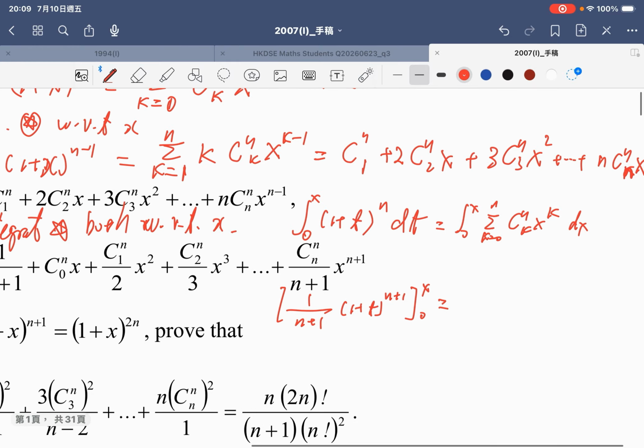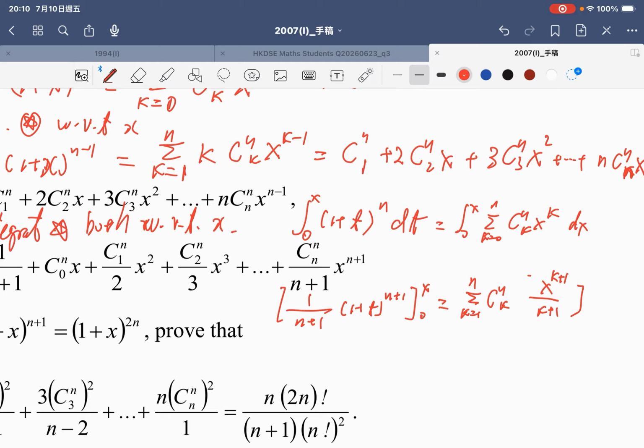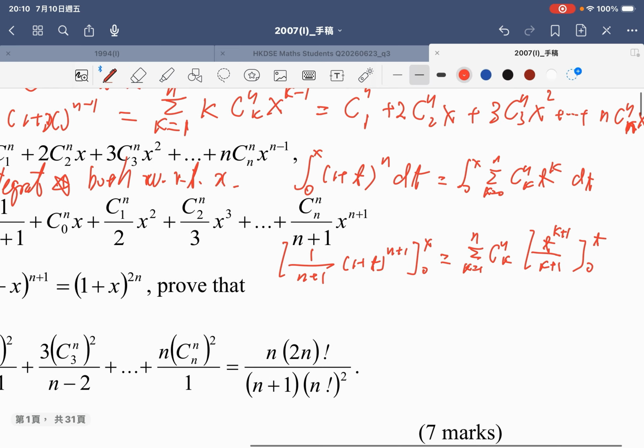Okay, for the right hand side, this summation can be factorized outside the integration. We only need to integrate t to the power k. This is summation k from 0 to n, nCk, integrate that, t^(k+1) over k plus 1, and then we substitute the terms 0 and x into the format.